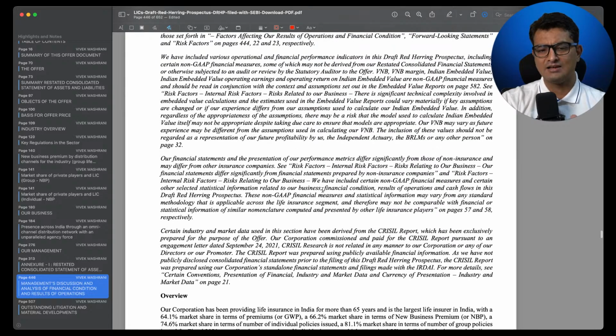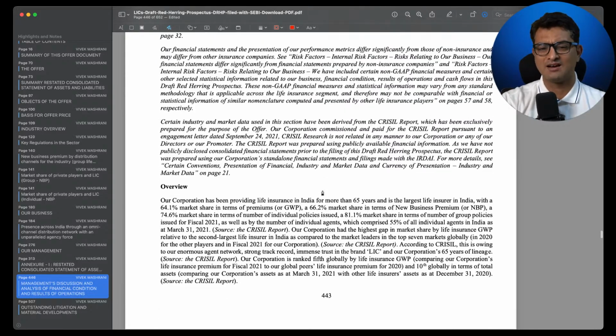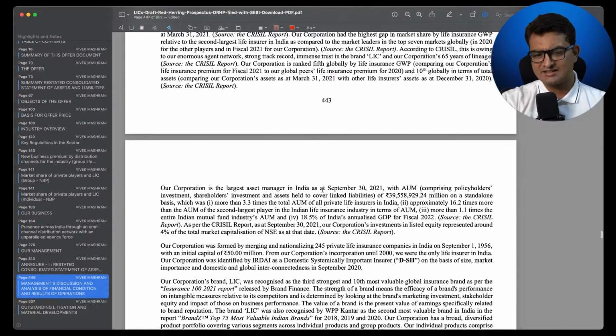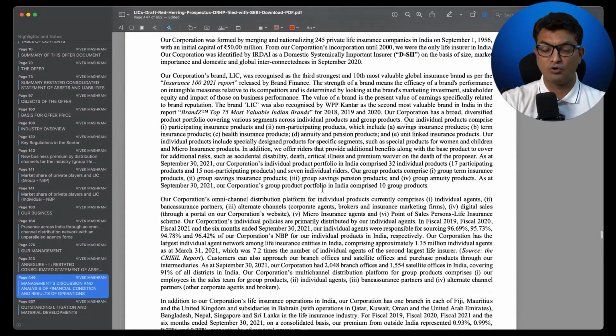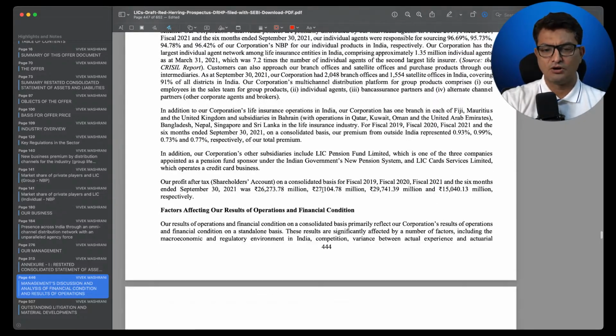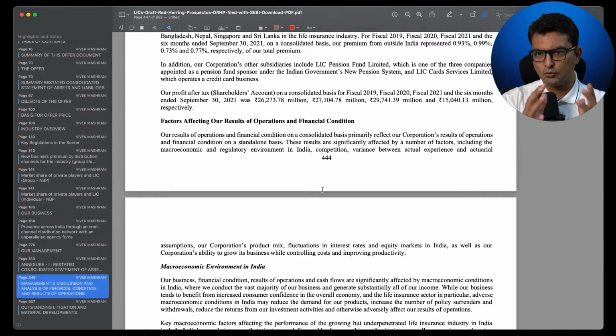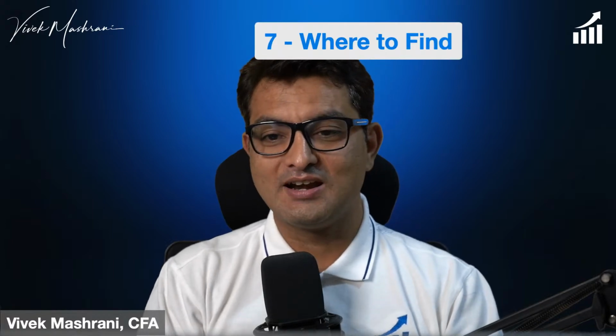This is where they will tell whether our financials are improving, our debt is increasing, and what the strategy of the company is to mitigate this. All this information is given. Although it might look slightly cumbersome, if you go through the key points, it will be super useful to know about the company.